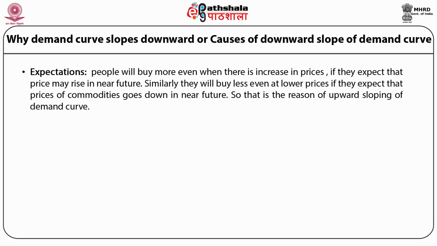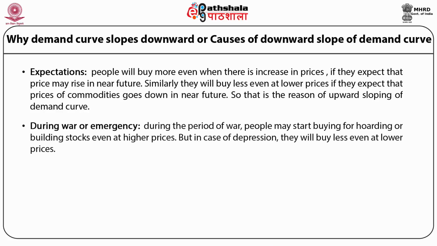So that is a reason for the upward sloping demand curve. During war or emergency, people may start buying for hoarding or building stock even at higher prices. But in case of depression, they will buy less even at lower prices.